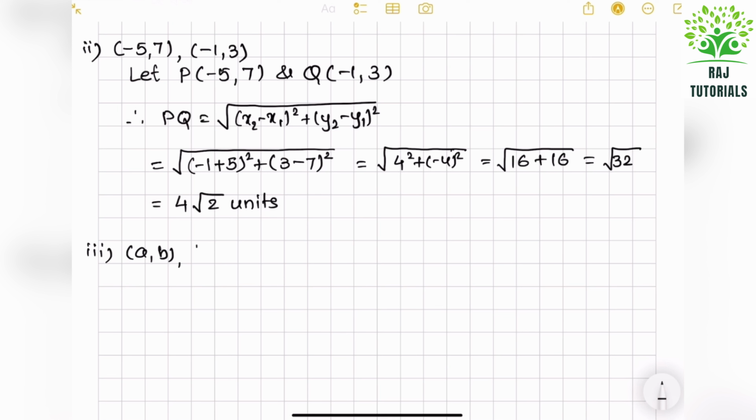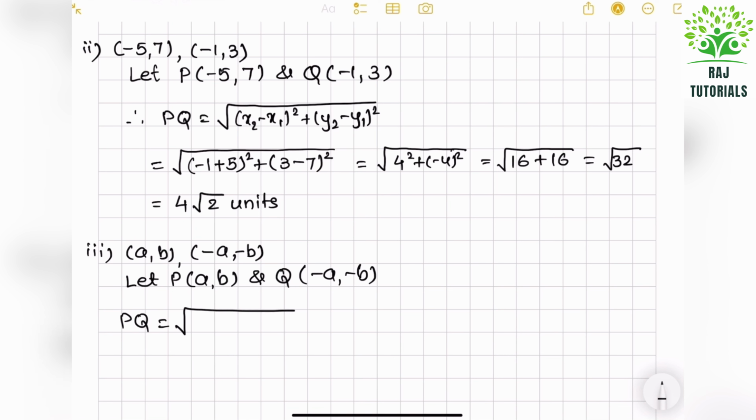Third point given is a comma b, comma minus a comma minus b. So again I can do it in the same way. Okay, let P be a comma b and Q be minus a comma minus b. So PQ will be equal to square root of x2 minus x1 whole square plus y2 minus y1 whole square.